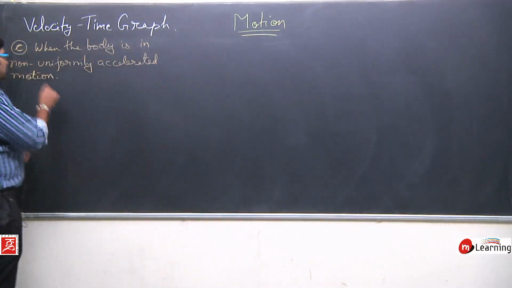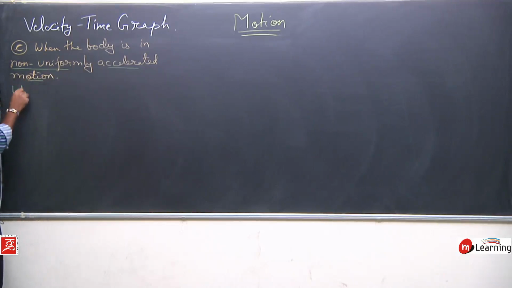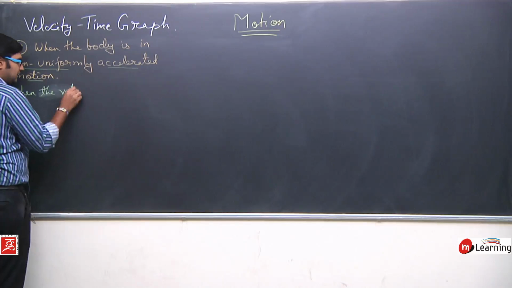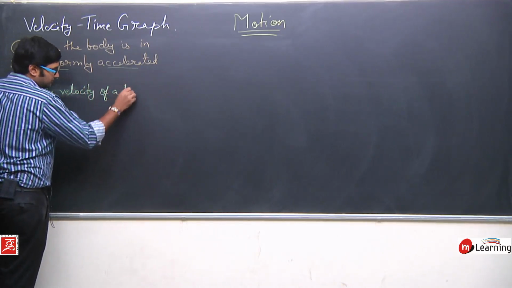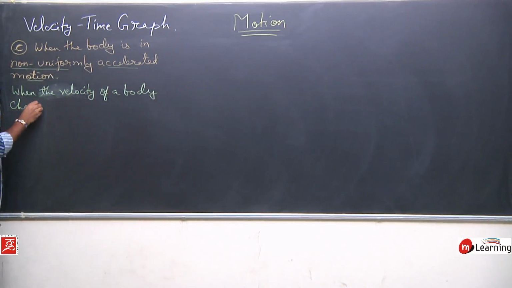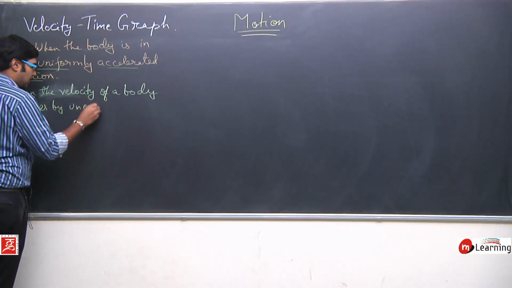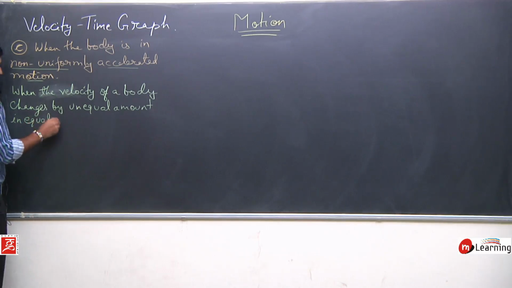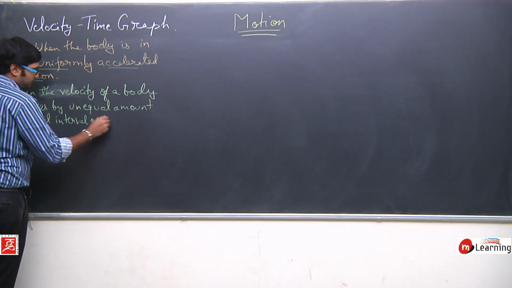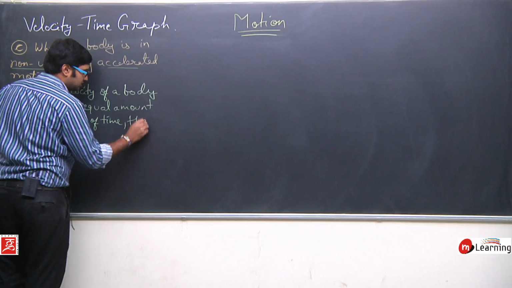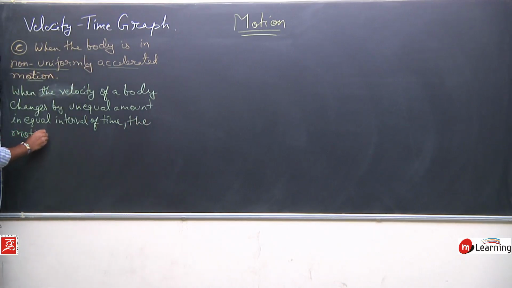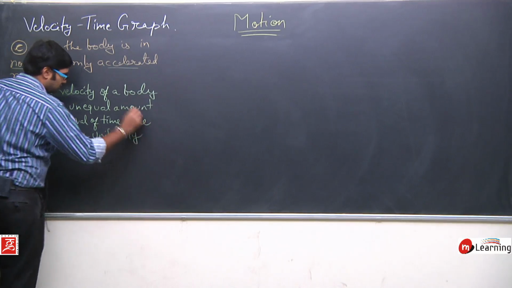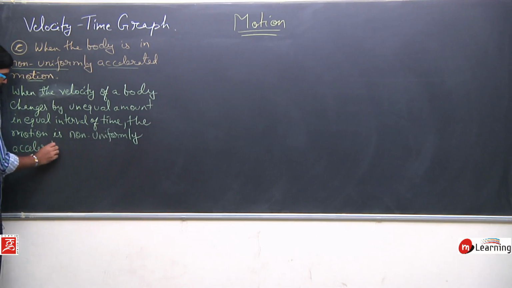Okay, so what we can say, non-uniformly accelerated motion means when the speed or the velocity of a body changes by unequal amounts in equal intervals of time, we say the motion is non-uniformly accelerated motion.